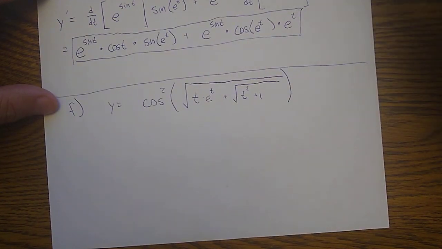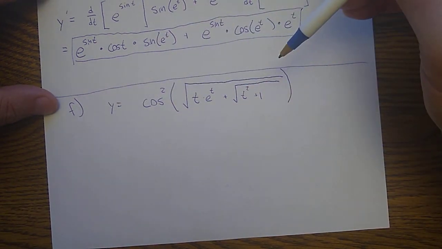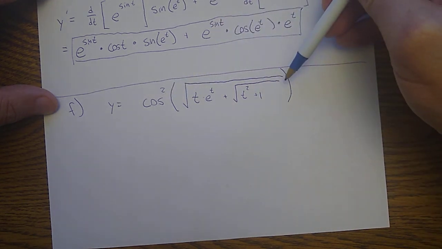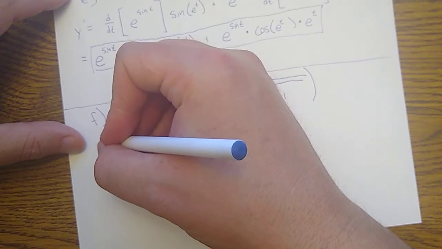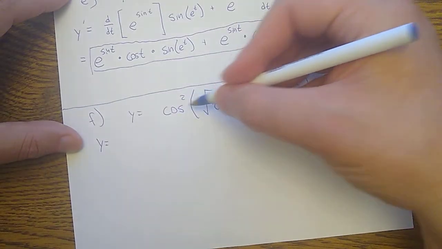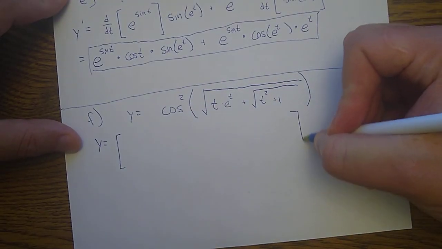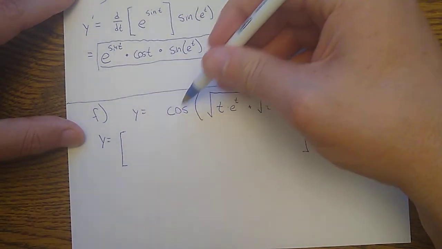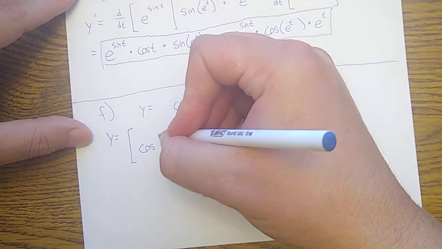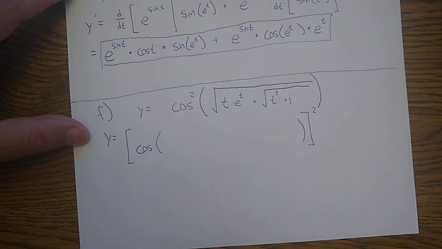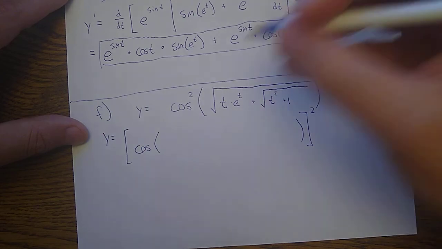Okay, so then let's do one that is probably the worst that I would ask you to do. So actually, let me rewrite this. Of course, cosine squared means I'm going to do the cosine of this and then square it. So that's the first thing I'm going to do. Also, I don't like square roots. I like 1/2 powers.